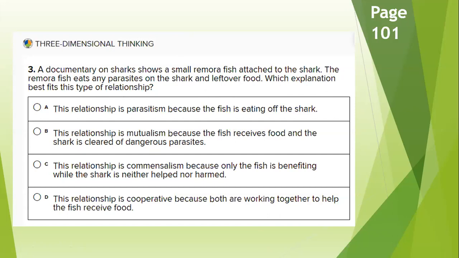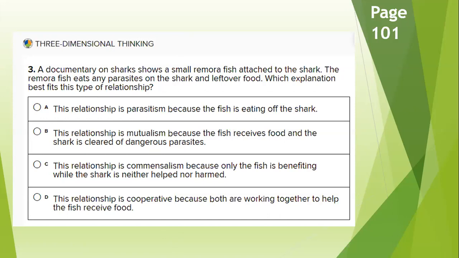Here, the remora fish is getting food because it is eating the parasites, right? Now, this is the benefit of the remora fish. But is the shark getting the benefit or not? It is. Why? Because the parasites are being removed. The shark does not want parasites on its body. When the parasites are removed from the shark's body, it is also getting benefit.